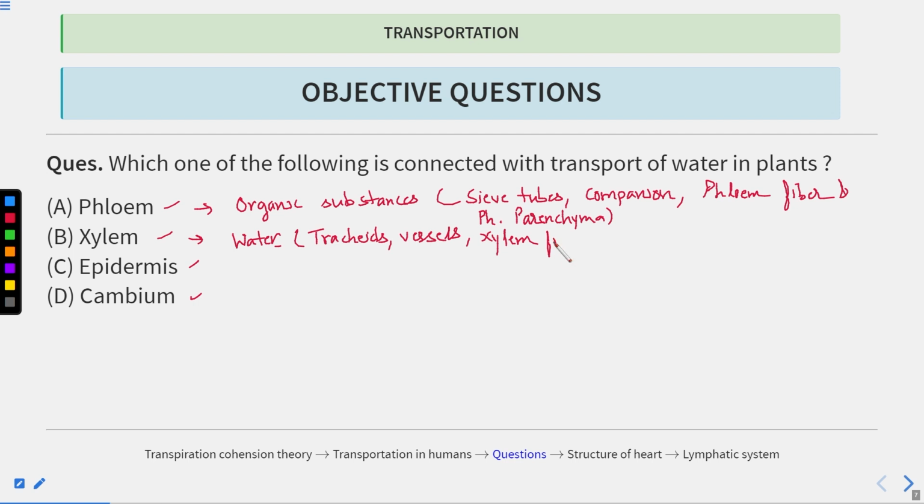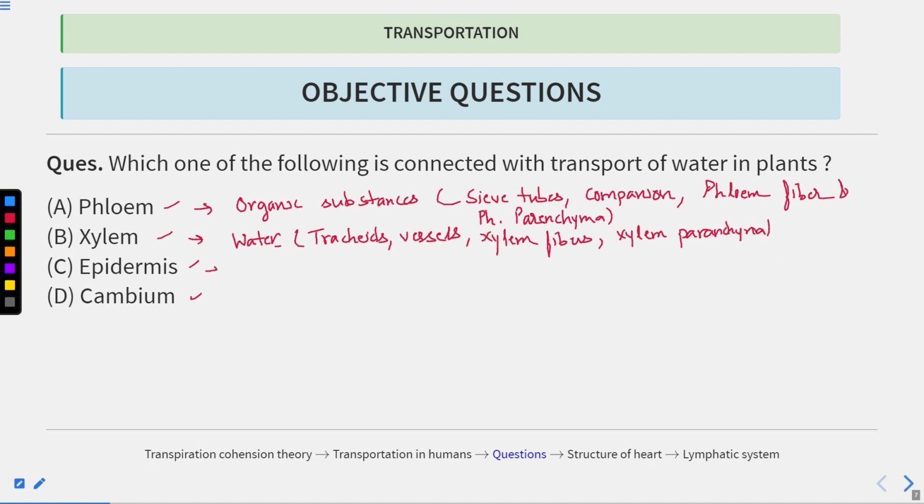These xylem fibers give mechanical support to the plant. And then we have the xylem parenchyma, which stores the food material.